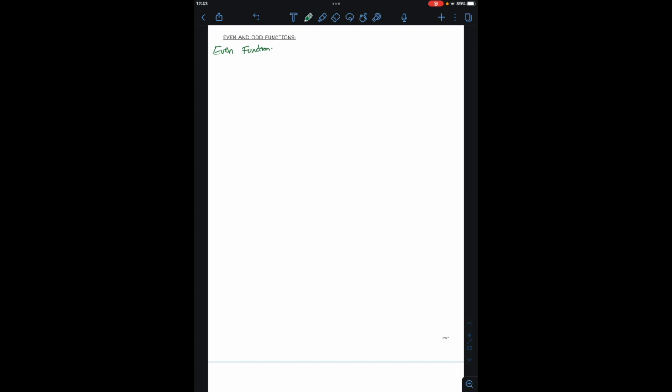And this is a unique definition, and it is defined as a function f of x is equal to f of negative x. Okay, so even functions are defined as f of x is equal to f of negative x. Now, what does that mean?